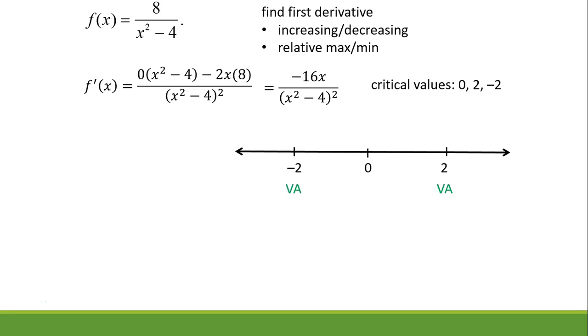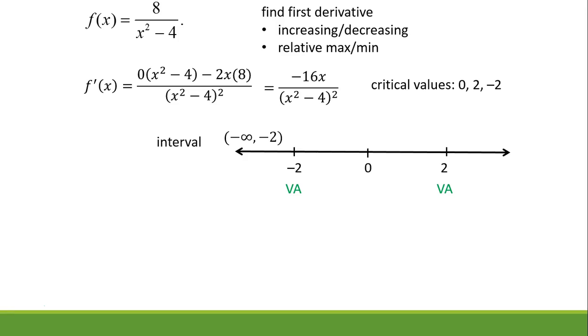We know that we have vertical asymptotes at negative 2 and positive 2, so we will definitely not have a relative maximum or minimum at those 2 points, but we still don't know what's happening at 0.